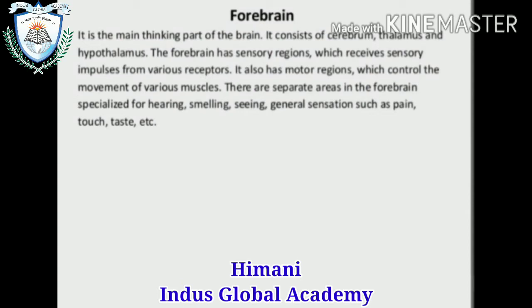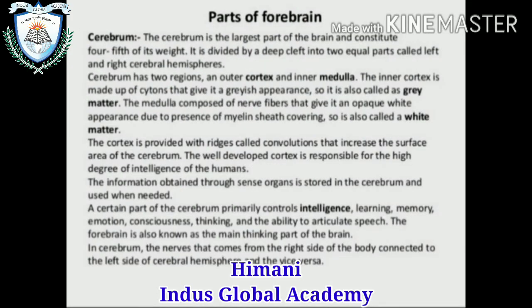The forebrain has a sensory region which receives sensory impulses from various receptors. It has a motor region which controls the movement of the various muscles. There are separate areas in the forebrain specialized for hearing, smelling, seeing, and general sensations such as pain, touch, taste, etc.